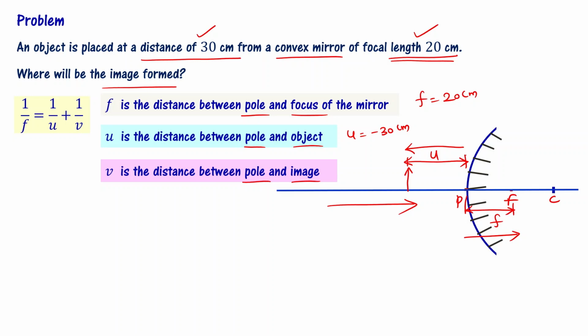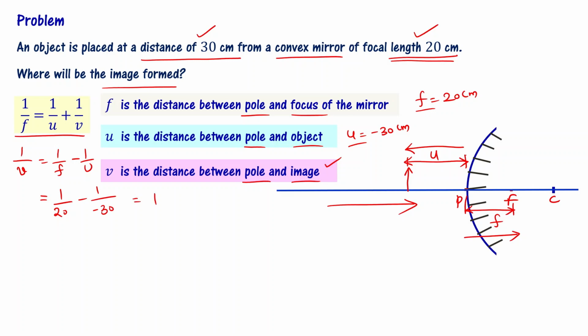Now with the help of these two quantities, we are going to find the value of v, right? Use this formula. So I am rewriting this formula: 1/v equal to 1/f minus 1/u, right? Let me substitute: 1/20 minus 1/-30.